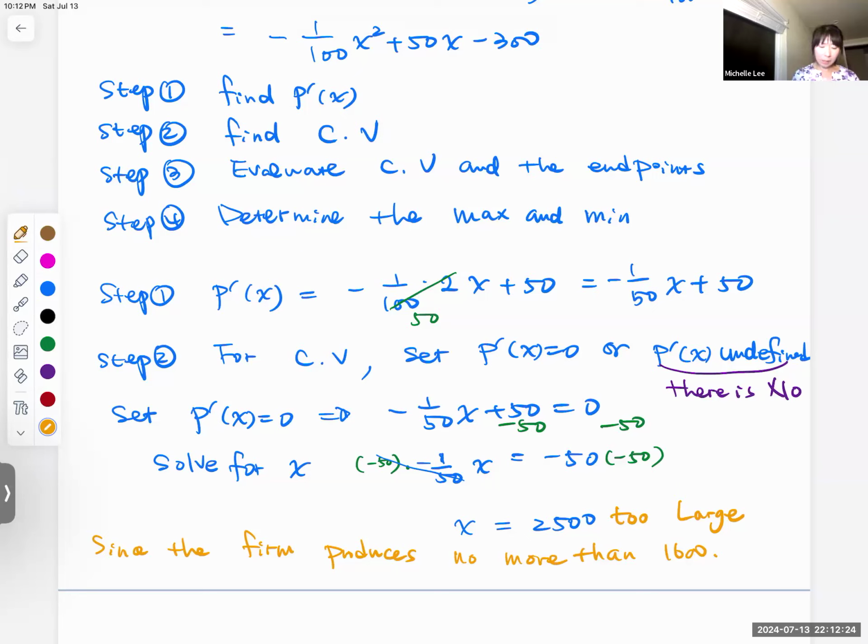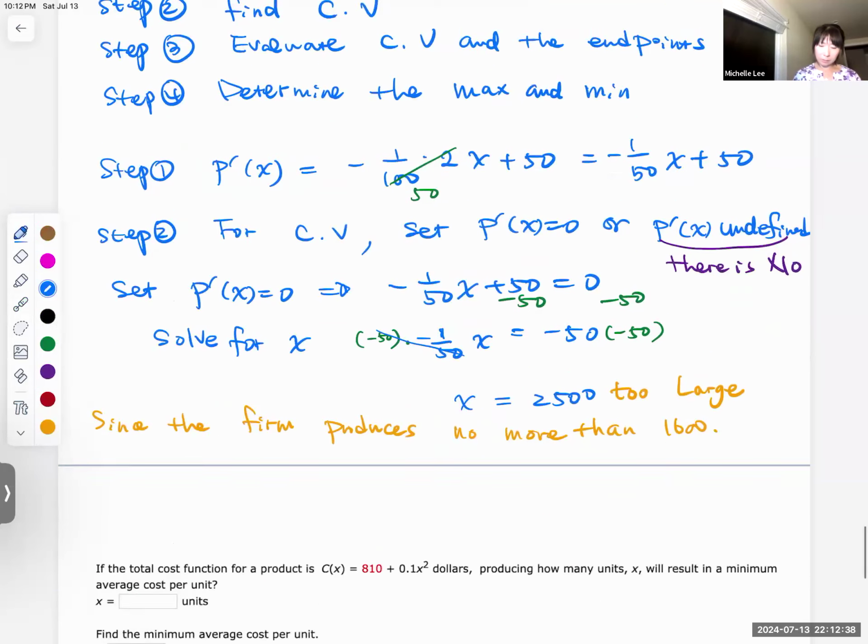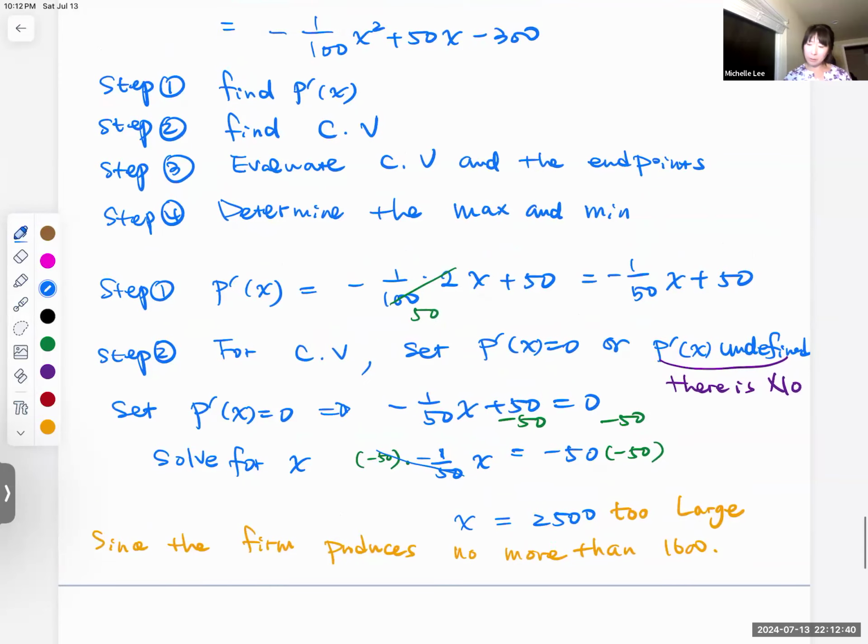Okay, then step 3 said evaluate the endpoints. Endpoints: between 0 and 1600 is the endpoint. So step 3.